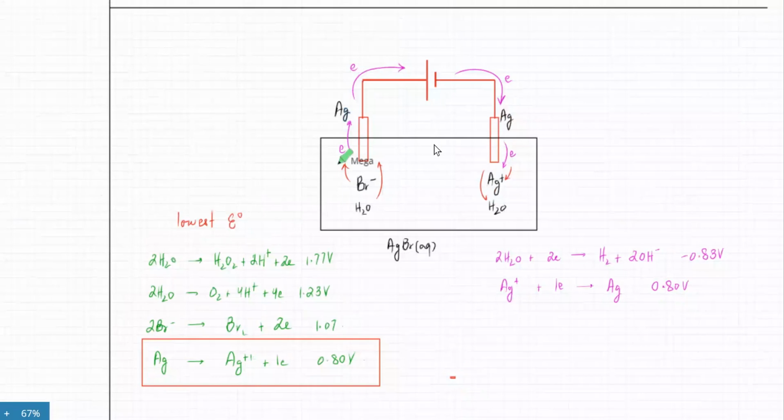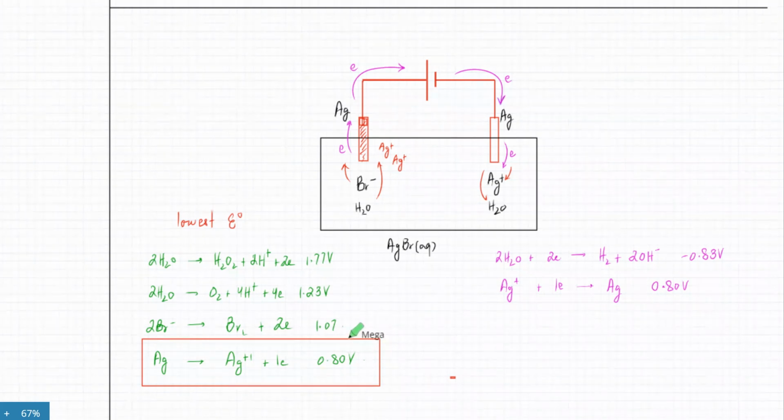So this silver electrode over here is going to be dissolving, turning into silver plus 1 ions, because it has the greatest tendency to lose electrons and form silver ions.